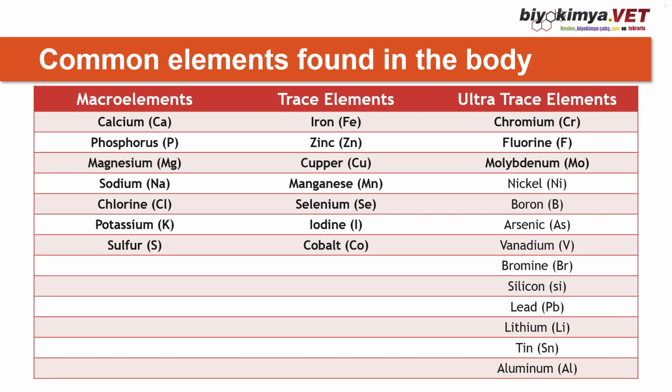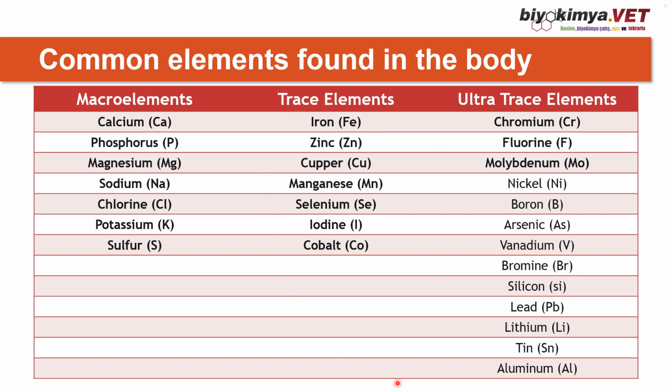What are the common elements found in the body? We divide the minerals, the bioelements, into two classes, sorry, correction: one is the macroelements and the other is the trace elements. There is also a subclassification of trace elements, which includes ultra trace elements, but we can ignore these classifications.